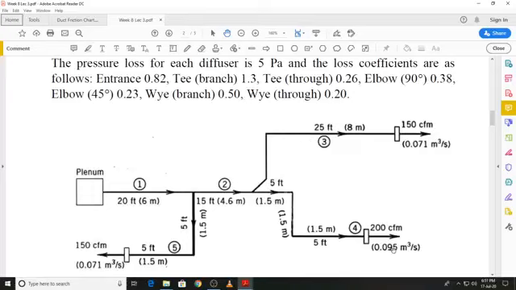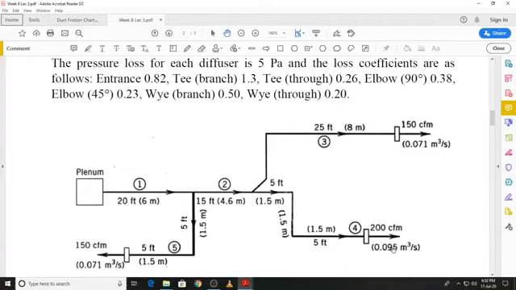We have already been told the velocities and the volume flow rates can be worked out. So once we have that, we can find out the area. Once you have the area, that is the cross-sectional area, and assuming it's a circular duct, you can find out the diameter. So that will complete the sizing part.